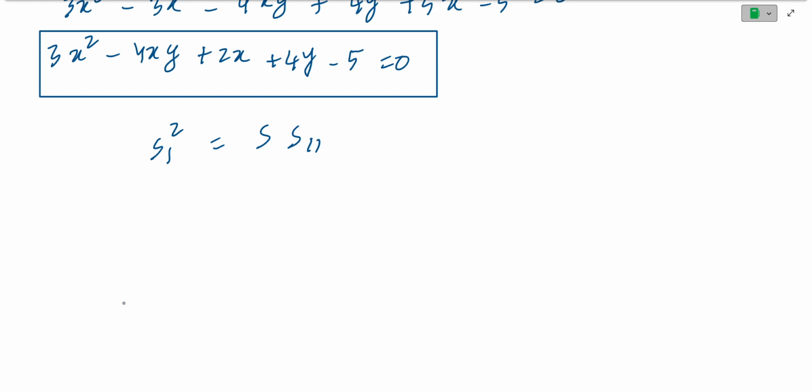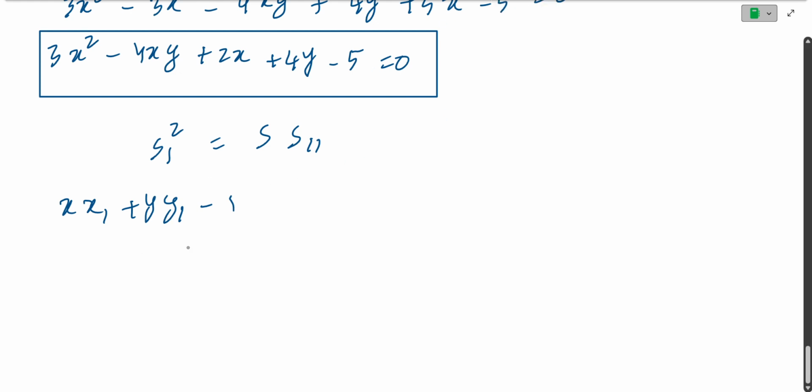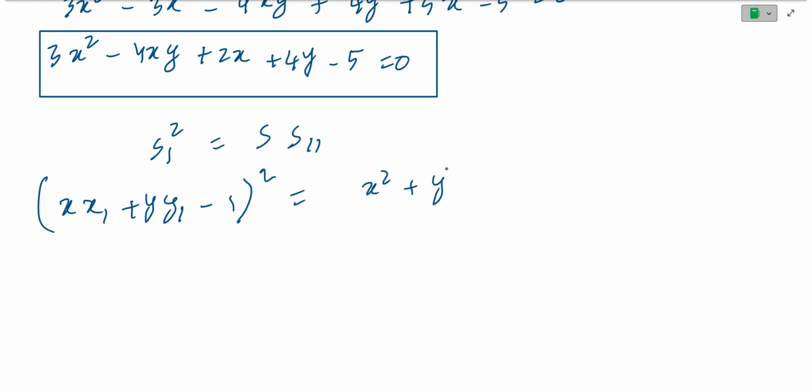So the S1 expression will be x into x1 plus y into y1 minus 1, for the equation x square plus y square is equal to 1. For this, we have the square, is equal to the S expression, x square plus y square minus 1, into S11.